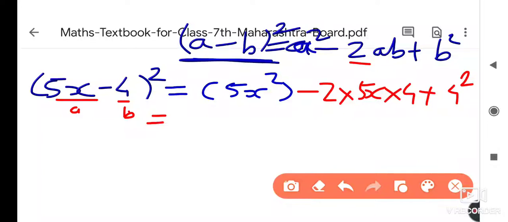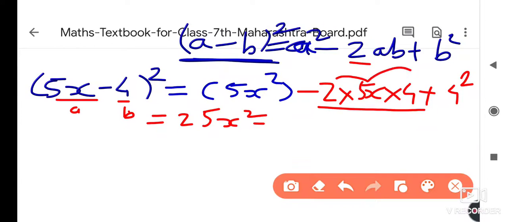Now the next step of this example: 5 square is 25, x square is x square. Now do the multiplication. First do the multiplication of the numbers: 2, 5 and 4. 2 5s are 10, 10 4s are 40. And only one variable is here, that is x, and plus 4 square is 16.